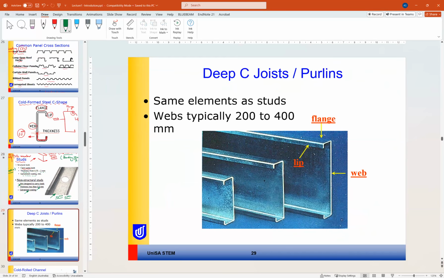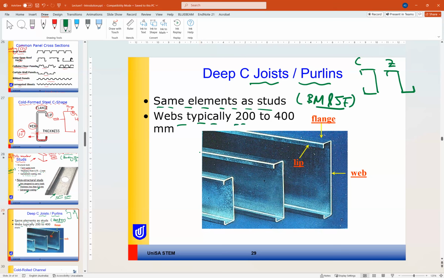We have also the joist or the purlins. So again, the joist and the purlins are from C section or Z section. Same element like studs, but they are carrying bending moment and shear force.